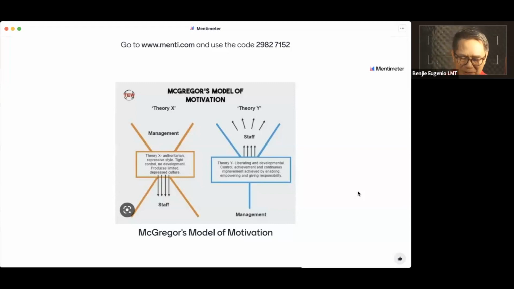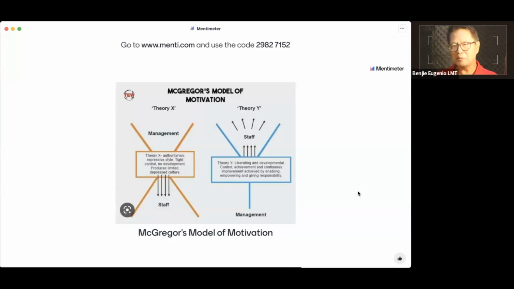So this view suggests that employees are primarily motivated by intrinsic factors such as personal growth, recognition, and sense of achievement, and that they will work hard if they are allowed to do so.